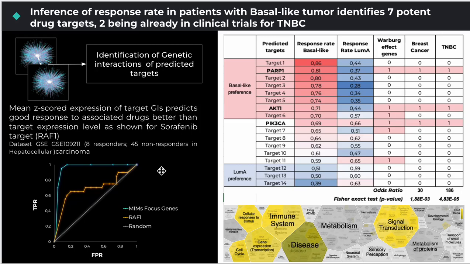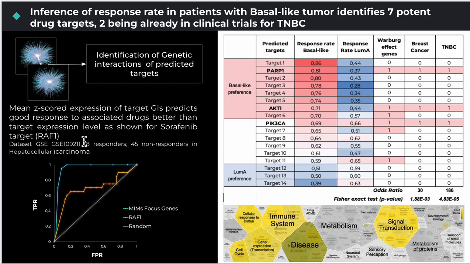when they are targeted with a drug, will have a high response rate in basal-like tumor with respect to luminal A. And for that, we're using a methodology that we developed for indication prioritization that consists in using the graph of each patient to predict whether this patient will be a good responder to a drug, knowing only the name of the drug targets.